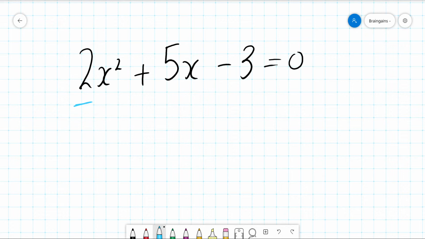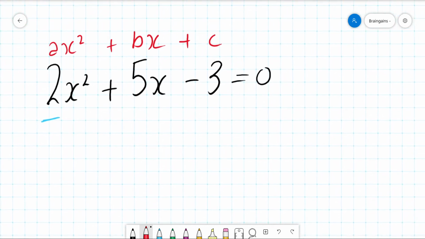So, this is of the form, and all quadratics you should have in the form ax squared plus bx plus c. Now, in this case, a is 2, b is 5, and c is -3.